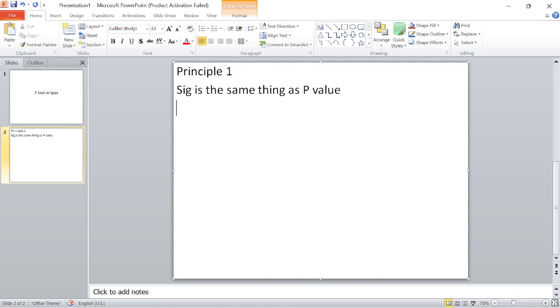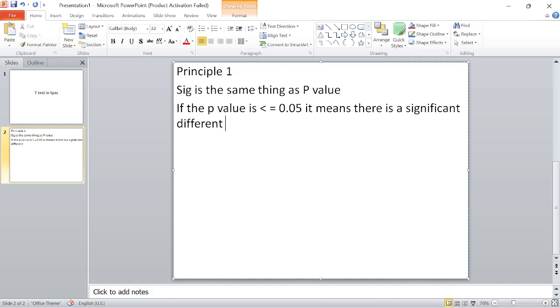So the principle says if the P value is less than or equal to 0.05, it means there is a significant difference between the means, or the averages.